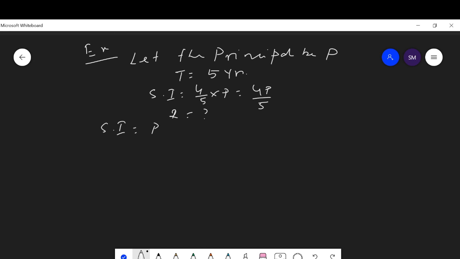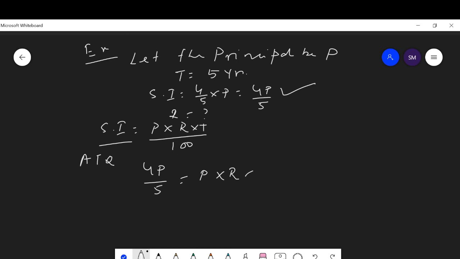Then according to the question, SI is equal to P into R into T upon 100. Here according to the question SI is equal to 4P upon 5. Principal is P, rate of interest we don't know, but the time period is 5 years, upon 100. Then P cancels.